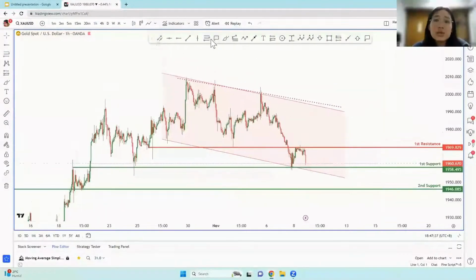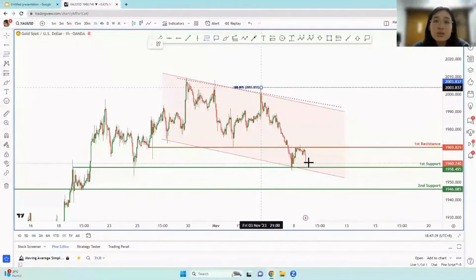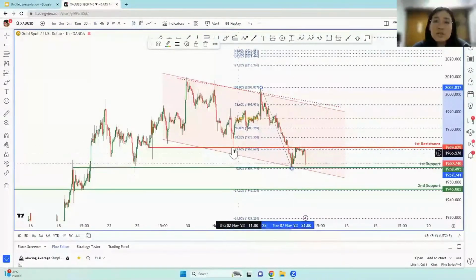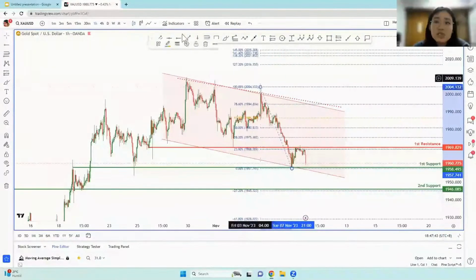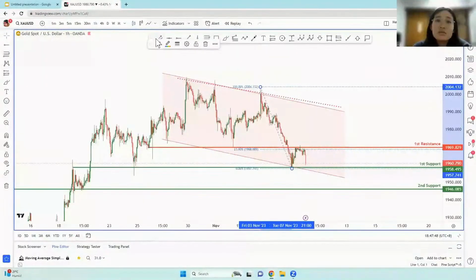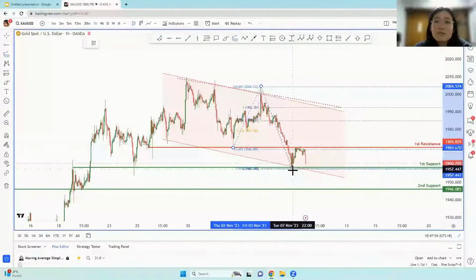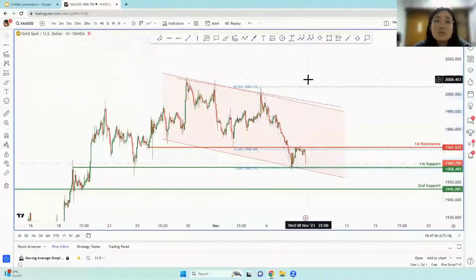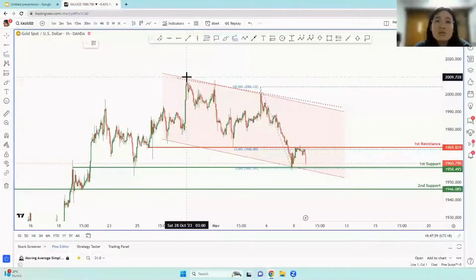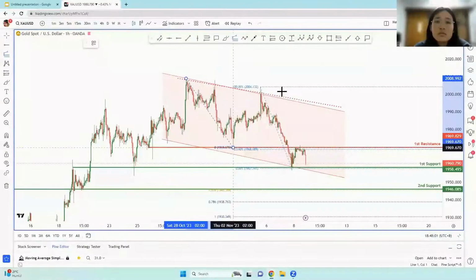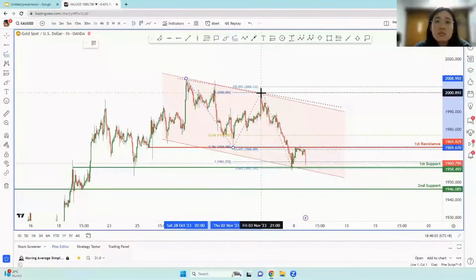Now I'm going to go in with my Fibonacci levels. Here you can see my 23.6% Fibonacci retracement lines up nicely. My 78.6 also lines up nicely.